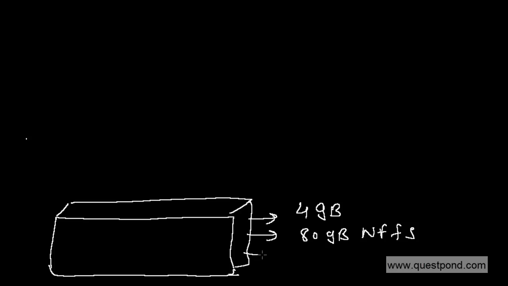Minimum it should be 2.5 gigahertz multi-core. When I'm saying 2.5 gigahertz, this should be per core. So if you have dual core, then every core should at least perform at this rate of 2.5 gigahertz.